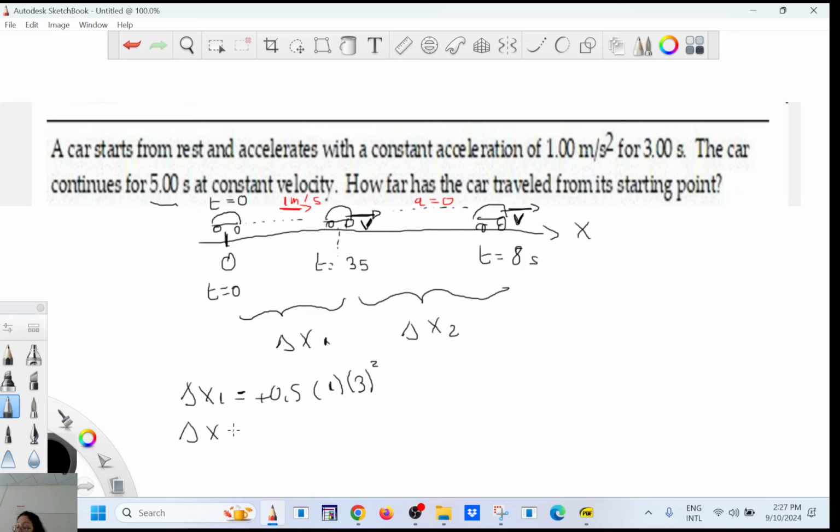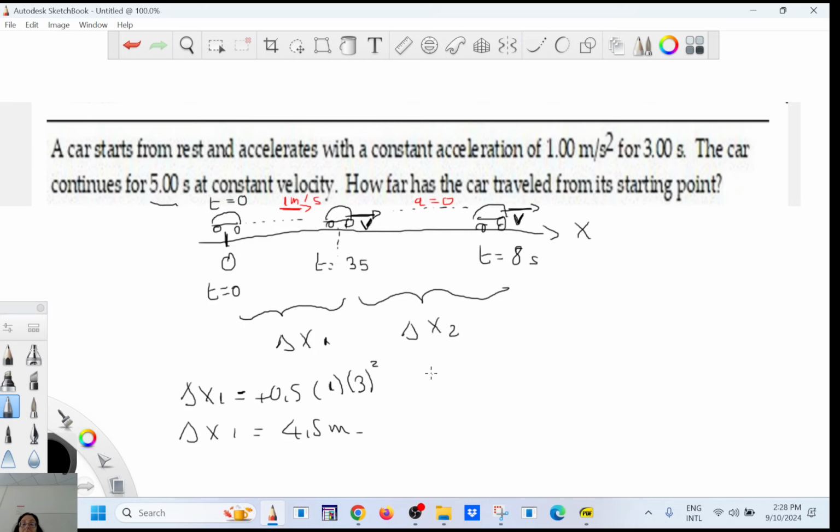So delta x1 equals, half of 9 is, do you agree? So that will be for phase 1.